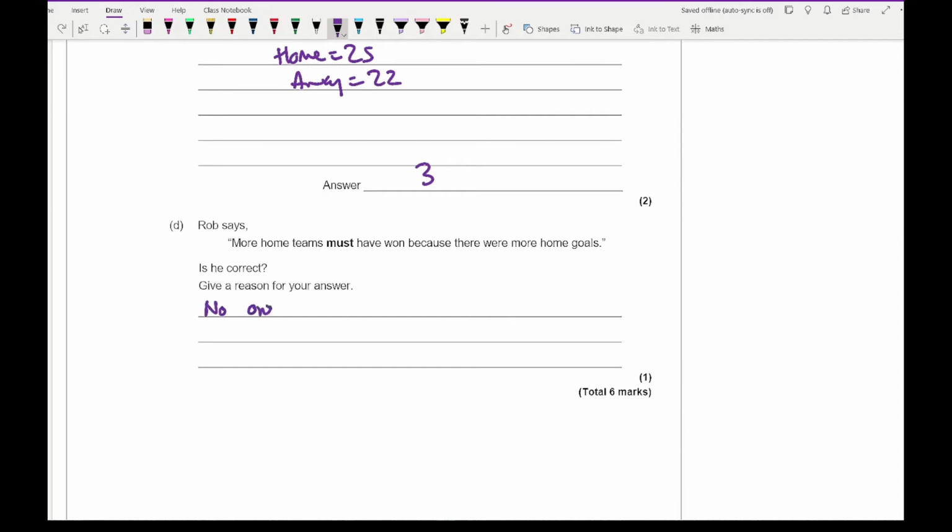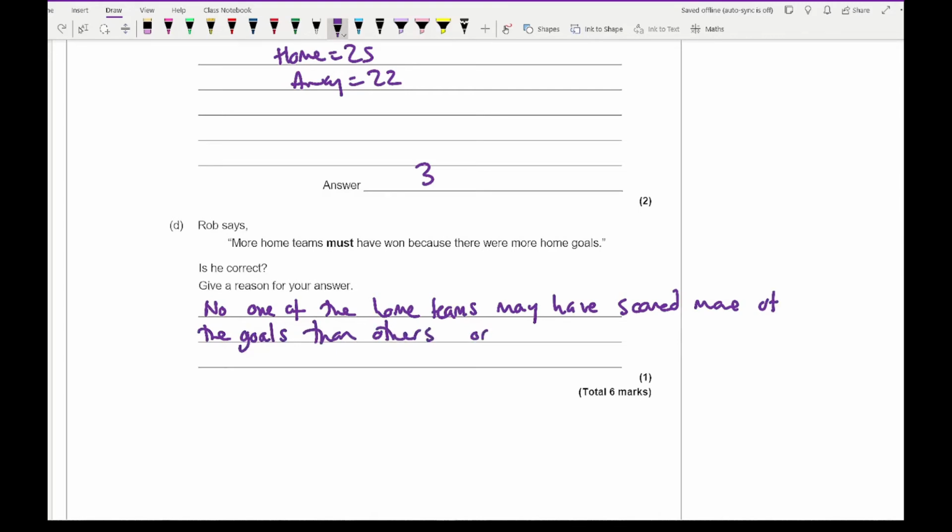One of the home teams may have scored more of the goals than others.